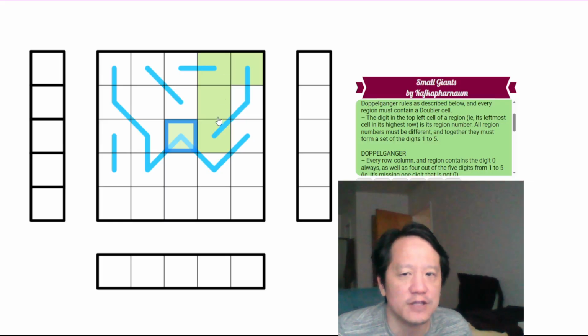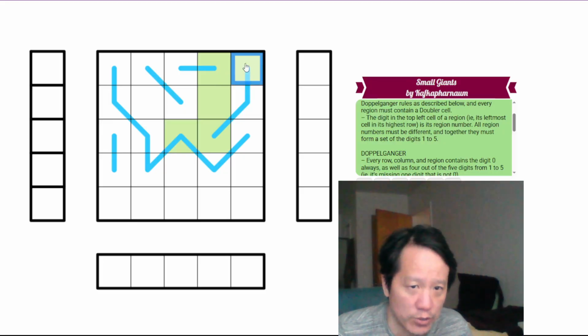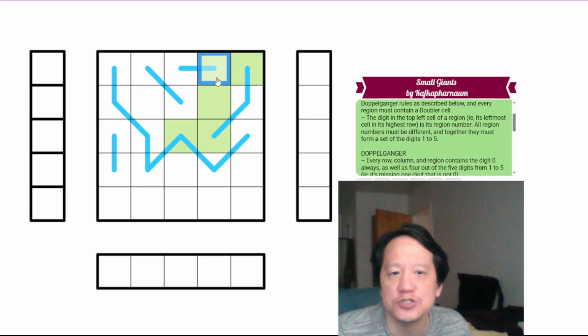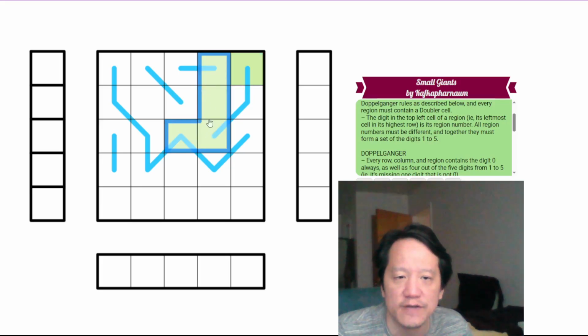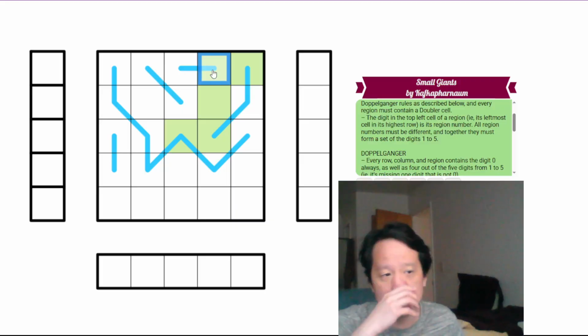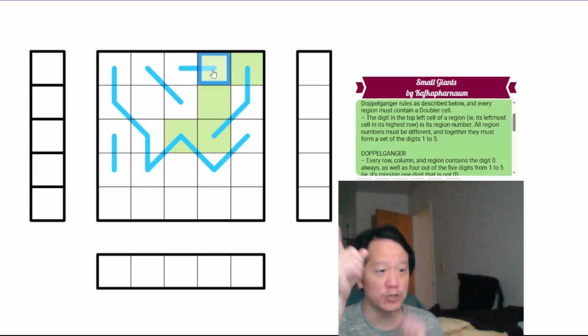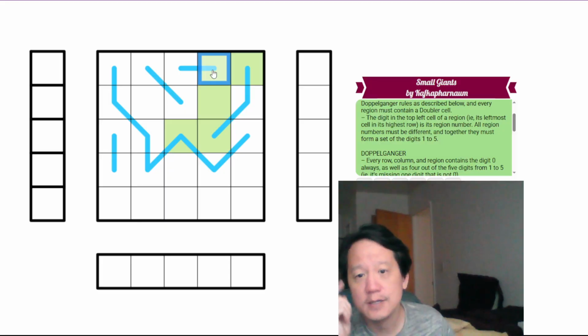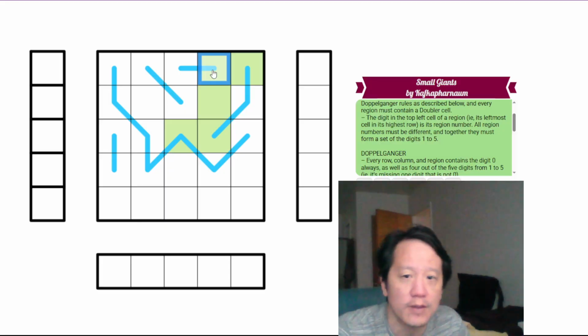It has to be the leftmost cell of its highest row. This is its highest row, so the leftmost cell would be here. So this digit would be the region number if this was the correct region. And it can't be 0, because it could be 0 in doppelganger, but it can't be 0 here.